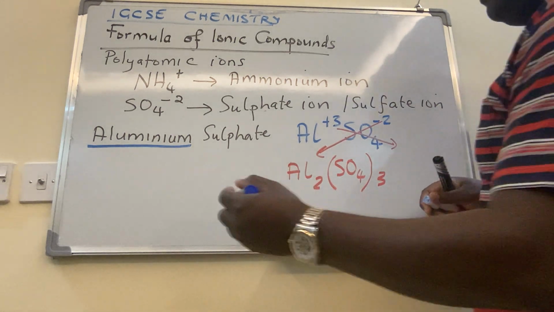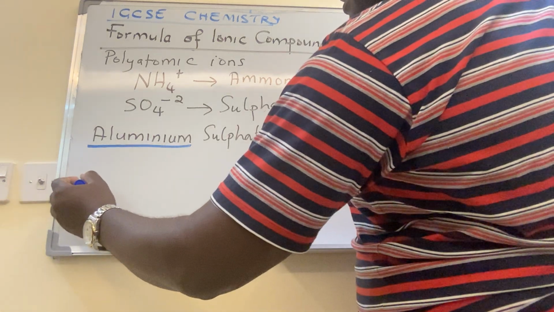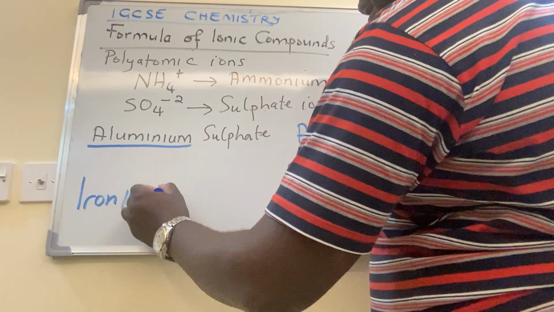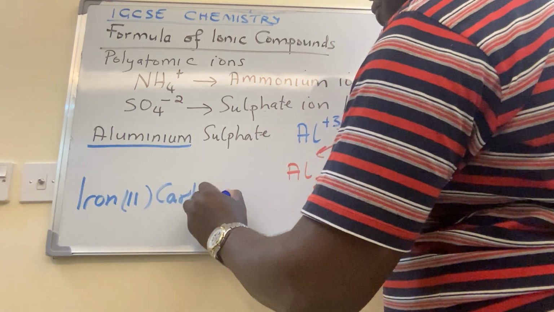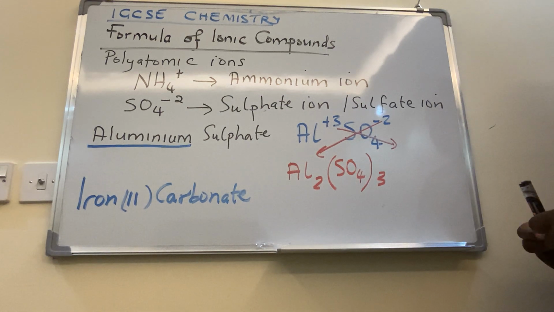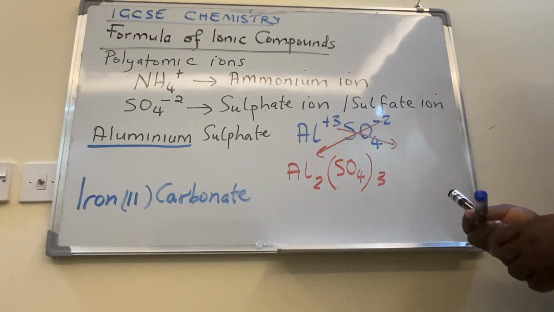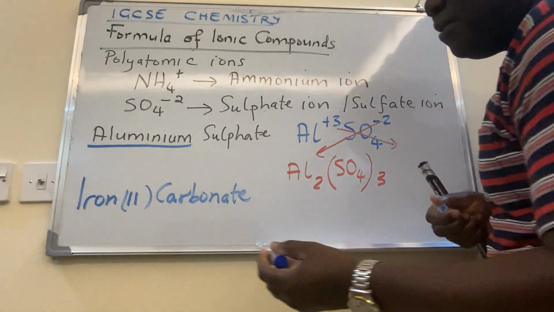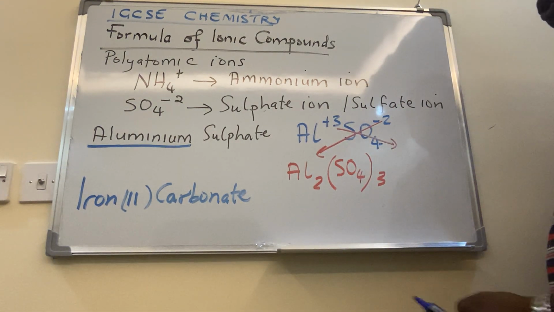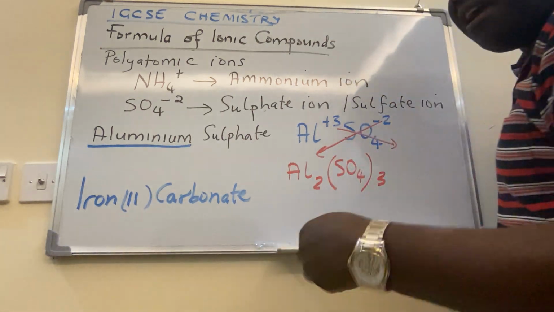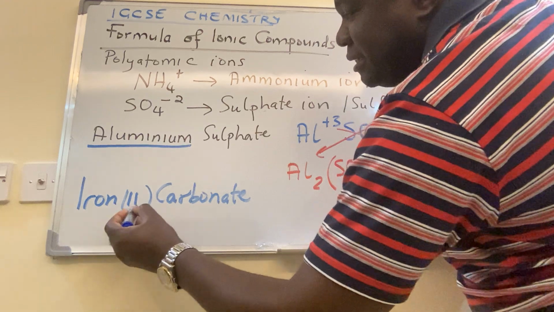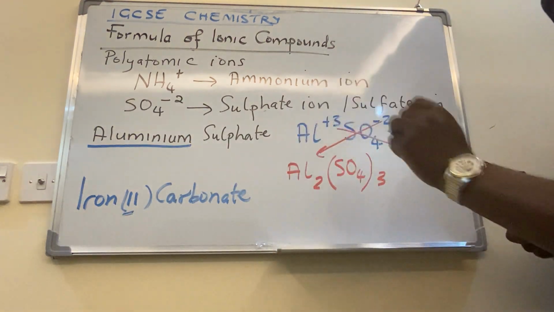Now we can be given another one. Let us say iron(II) carbonate. The story here is rather different. Iron is found in the transition block, so these elements can have more than one charge. Whatever is put in brackets helps you know the exact charge.